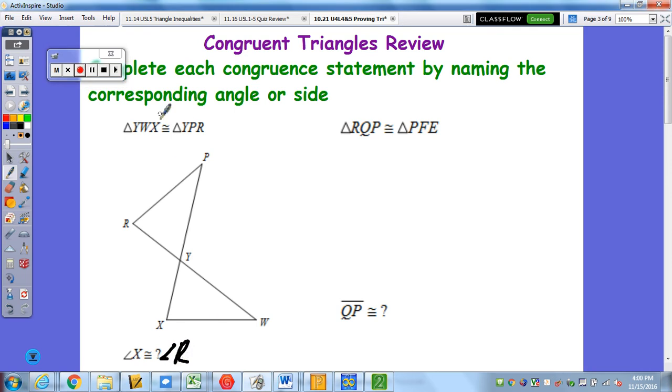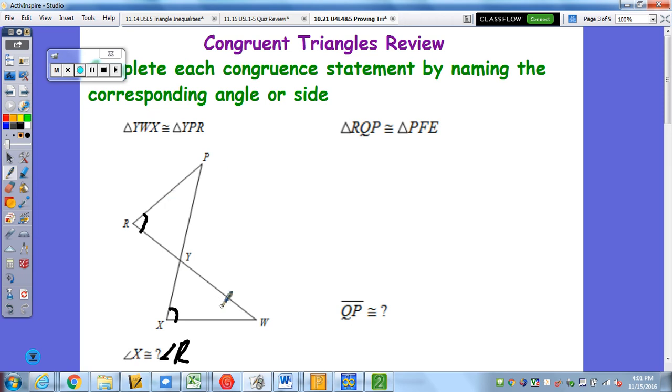And because it's telling me that the triangles are congruent, then the corresponding angles are congruent. So therefore, angle X is congruent to angle R. All right? And everything else fills out here, right?